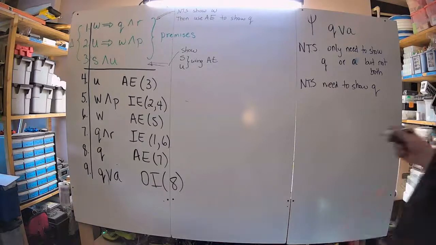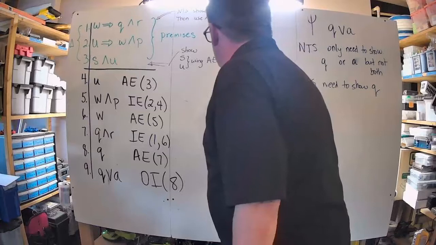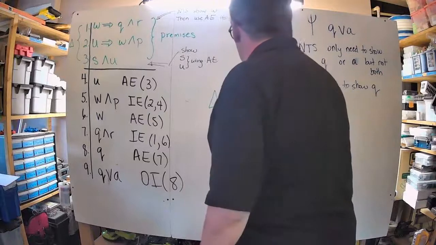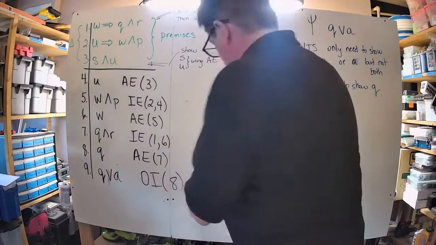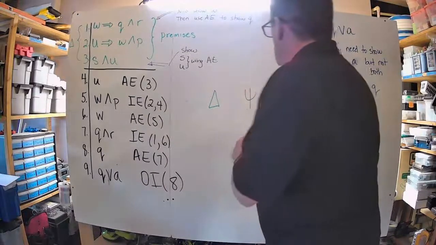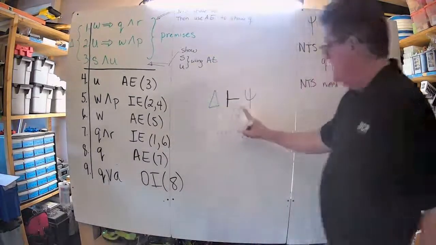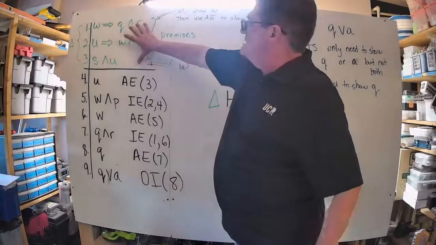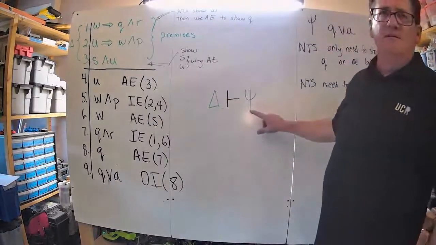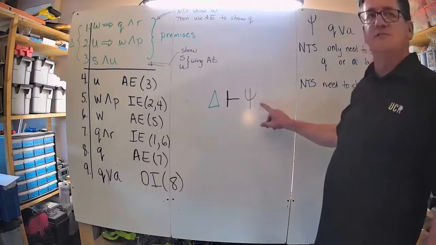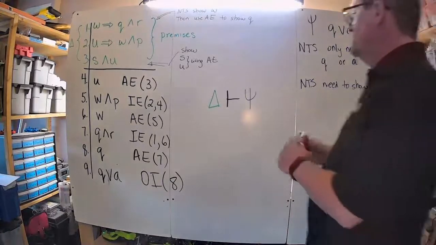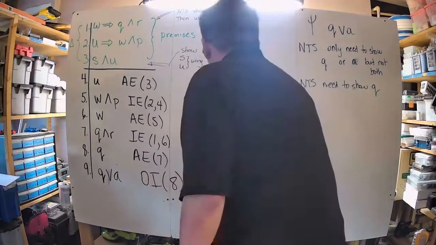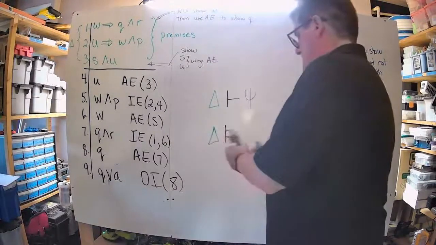I conclude this. Actually, I want to put this in black. That means that psi is provable from delta. That is to say, these premises can be used with rules of inference to prove psi. And what that also means is that delta entails psi.